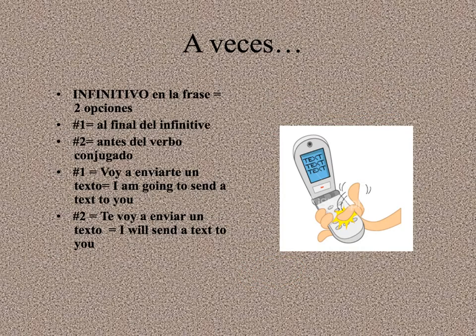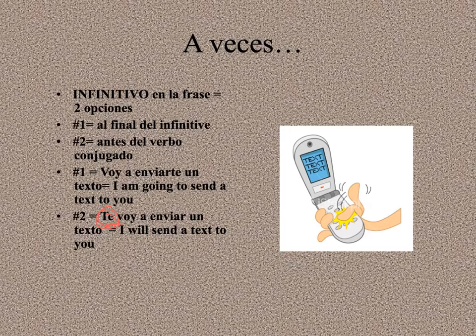Okay? Now, sometimes you get an infinitive in your phrase. Remember, that's just a big fancy word for not conjugated verb. When you have an infinitive, you have two options. You will always be able to put option number 2 right before the conjugated verb. Here it is. Here's my te. I will send a text to you. Te voy a enviar un texto. There's the to you, okay?